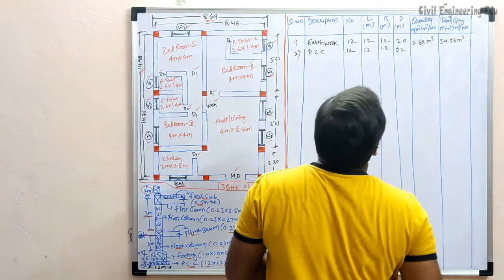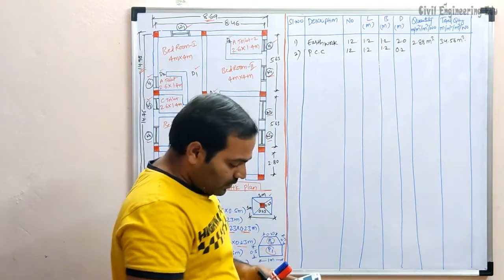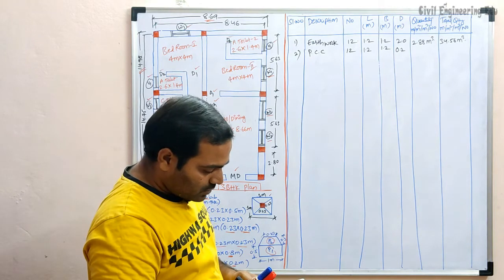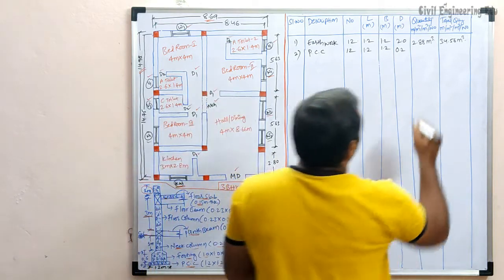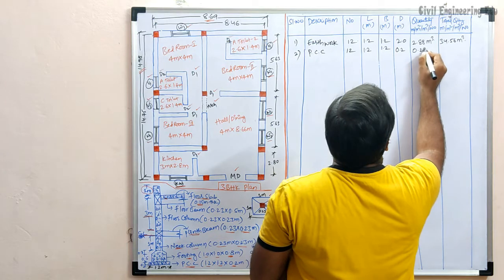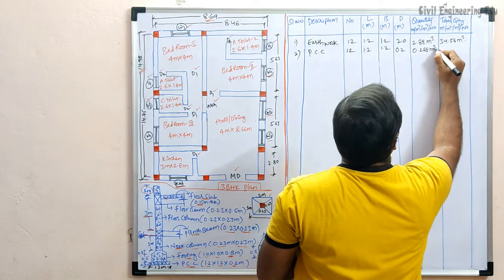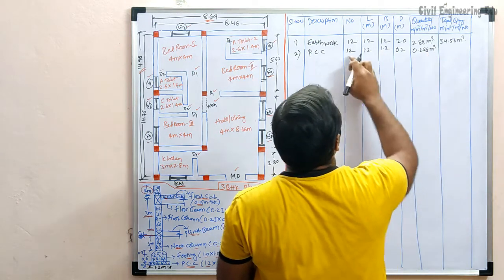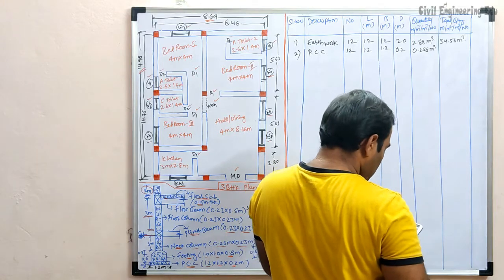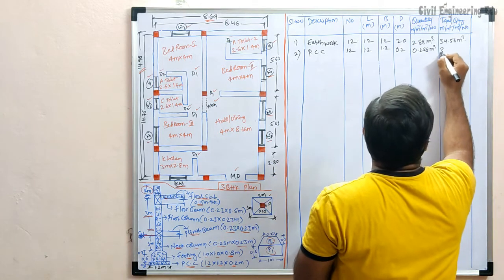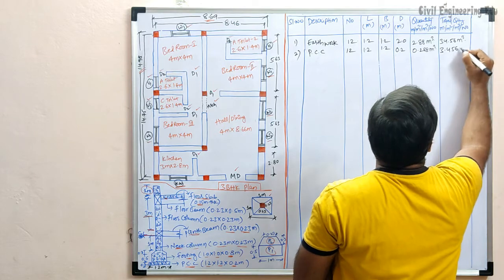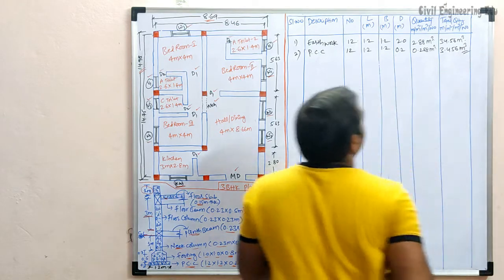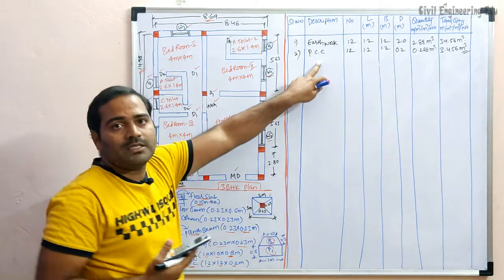So I have taken 0.2 meters. What is the quantity? 1.2 into 1.2 into 0.2. I got 0.288 meter cube, into 12 numbers. So I got 3.456 meter cube. This is the quantity of PCC I got.